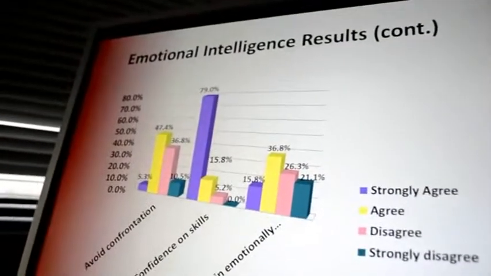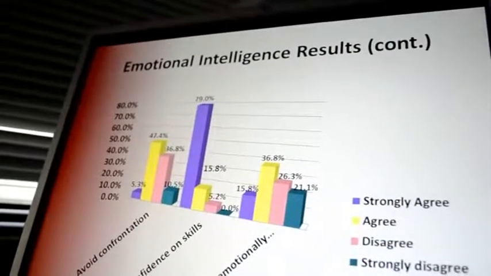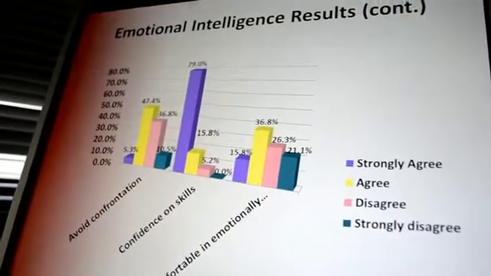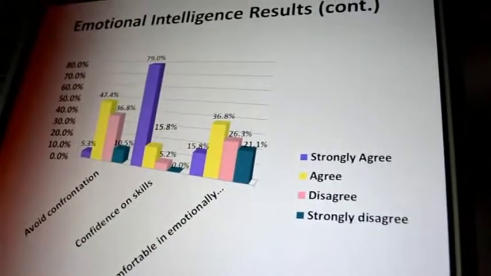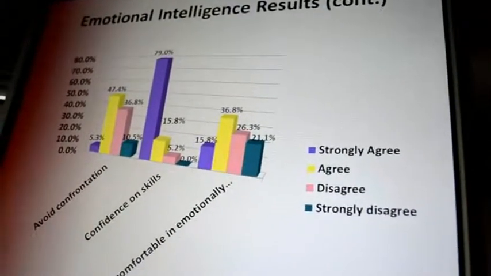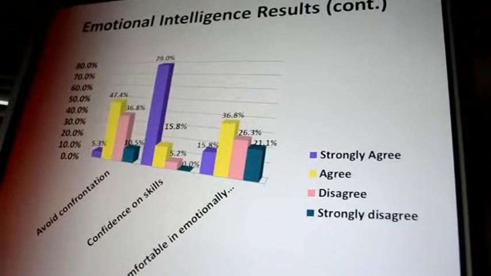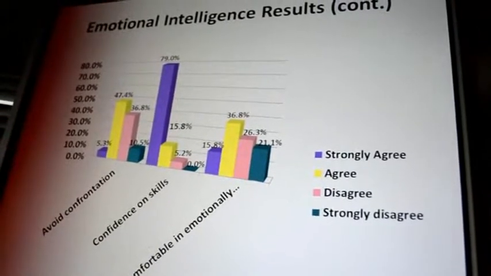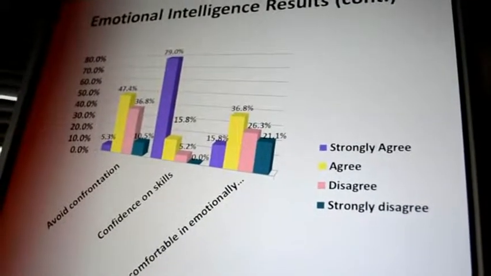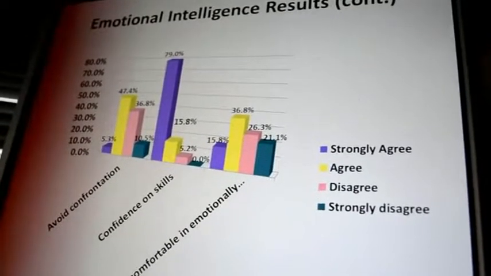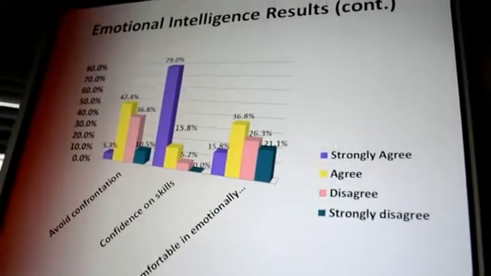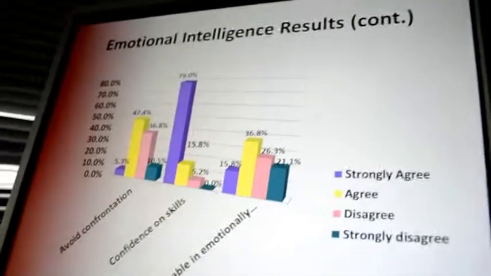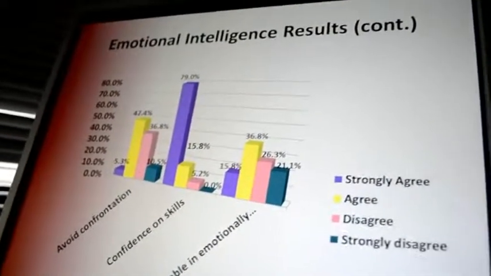Emotional intelligence results continued. The graph illustrates the results of the rest of the emotional intelligence questions. Regarding the question on avoiding confrontation, only 5.3% of the participants strongly agreed that they avoided confrontation, whereas 47.4% of the participants agreed, 36.8% disagreed, and 10.5% strongly disagreed.